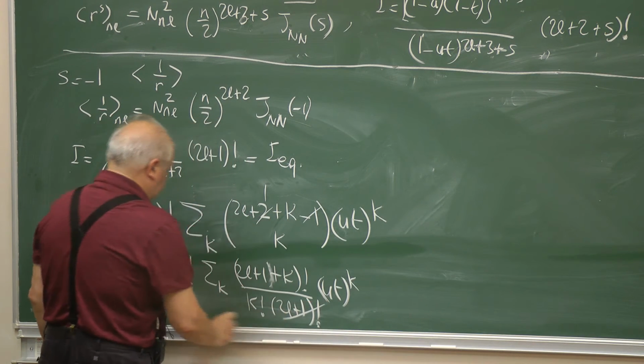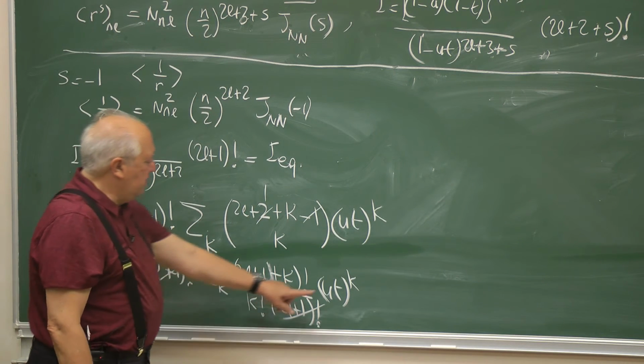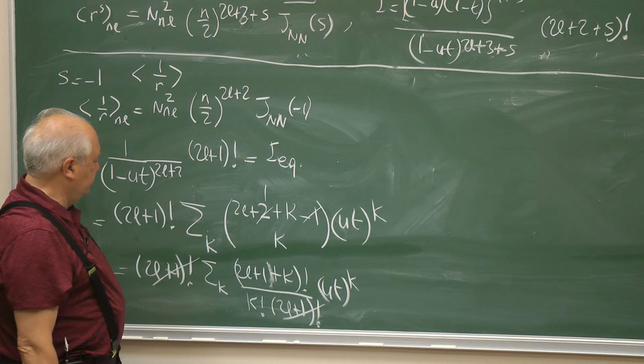So this cancels that. So we need the power of (ut)^n, which is n minus l minus 1.